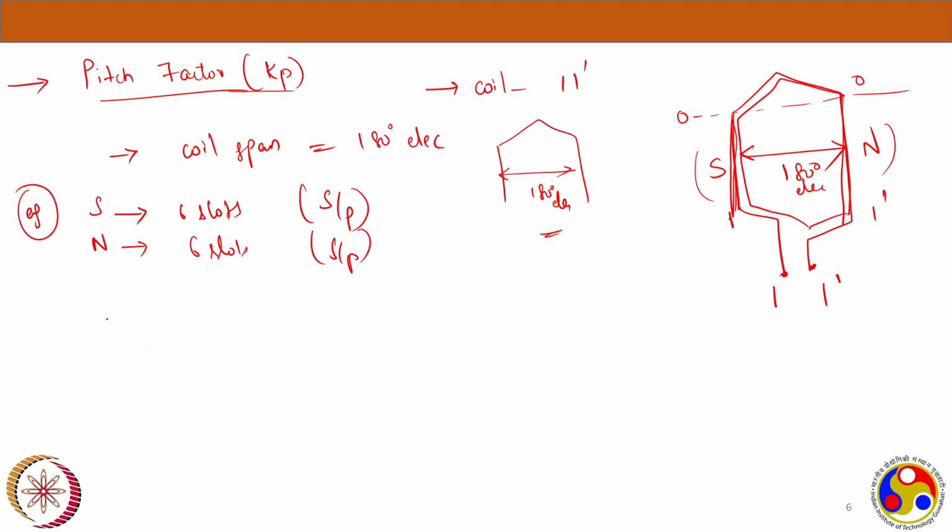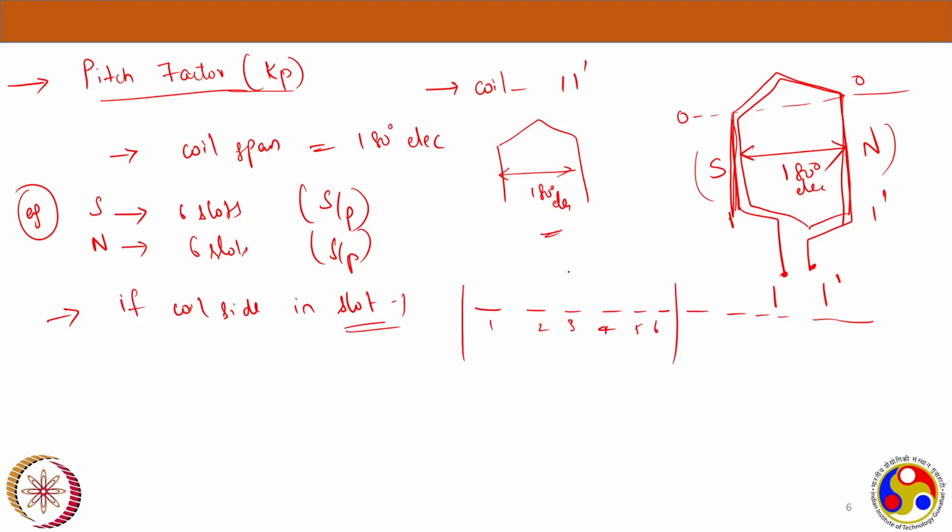Now what this particular 6 slots signifies is, these are slots 1 2 3 4 5 6, and 1 2 3 4 5 6 slots. So all six are under one pole, let's say south, and these 1, 2, 3, 4, 5, 6, all these are under north pole.